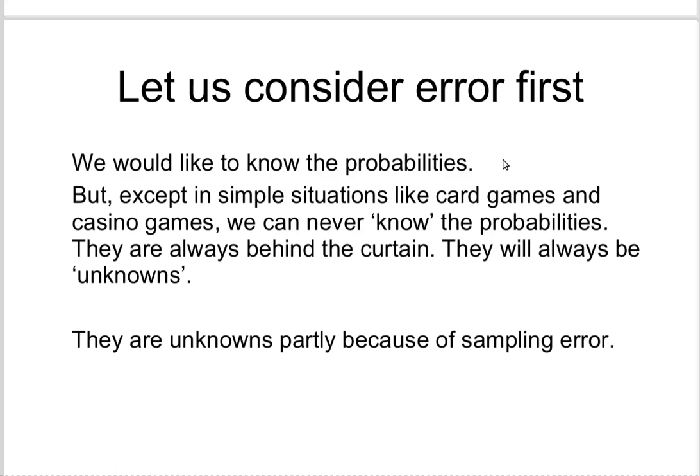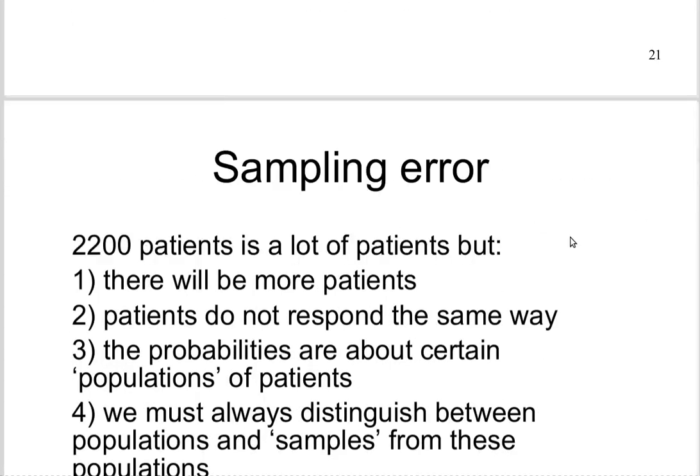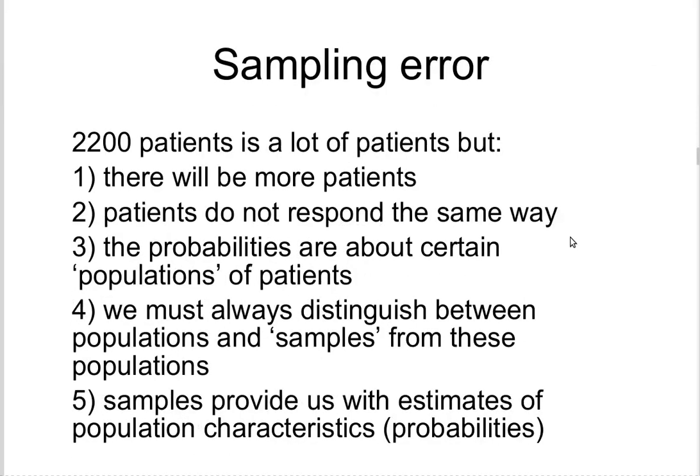And they're unknown because, well, we don't have a census. We may have a large number of participants in our study. In this illustration, we had 2,200 patients. But we know that's not all the patients.